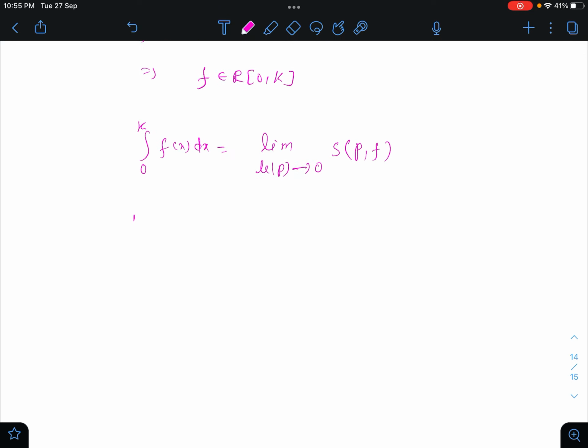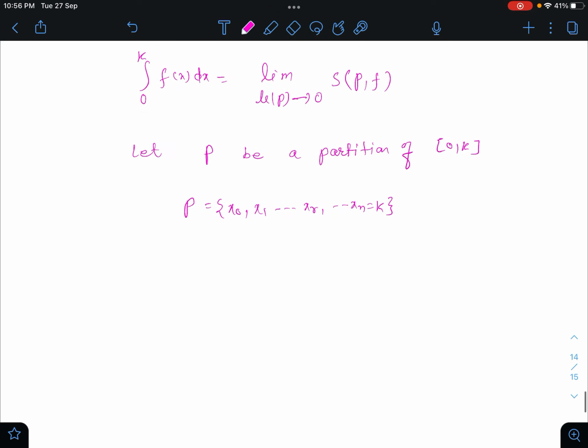So let P be a partition of the interval 0 to k. P is equal to x0, x1, ..., xr, ..., xn equal to k.